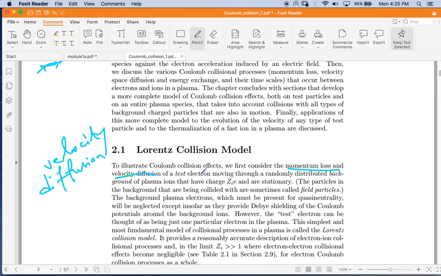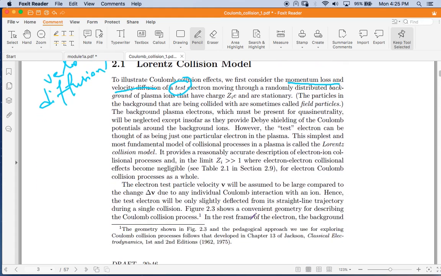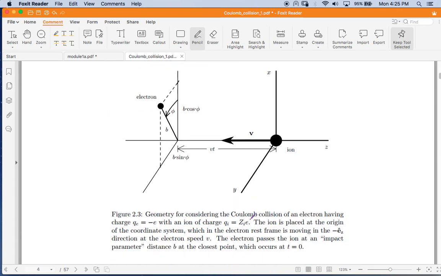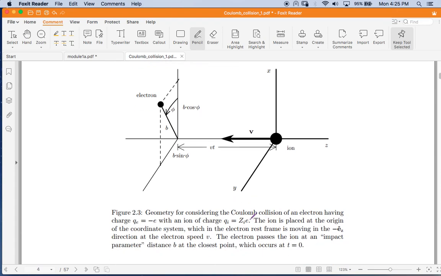However, the test electron, because this is the guy we will be paying attention to, can be thought of as just one particular electron in the plasma, and here is the geometry. We will just read the caption. You've got the ion sitting here, and the ions are stationary.